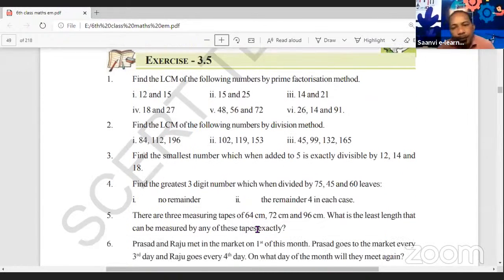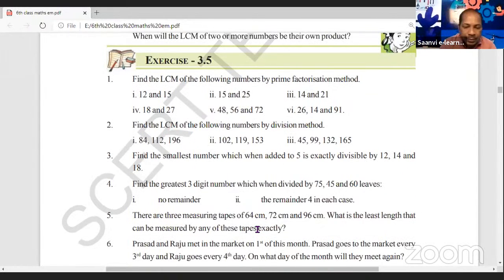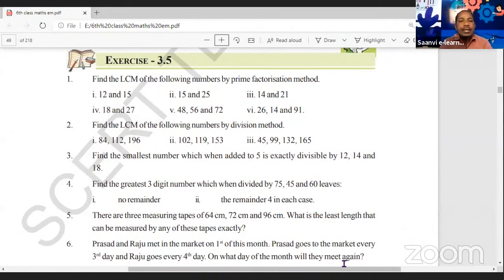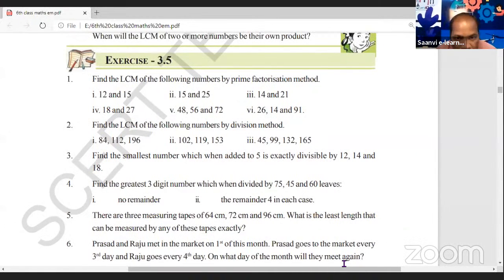Okay, see here. What is asking here? See the first bit. Find the LCM of the following numbers by prime factorization method. By prime factorization method, we have to find the LCM.